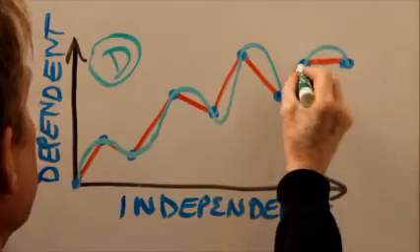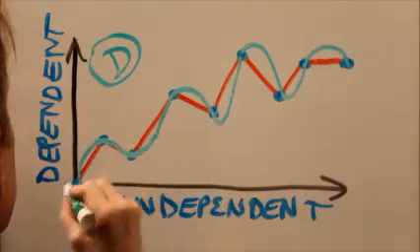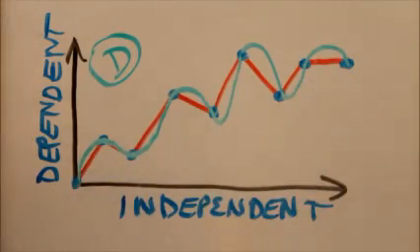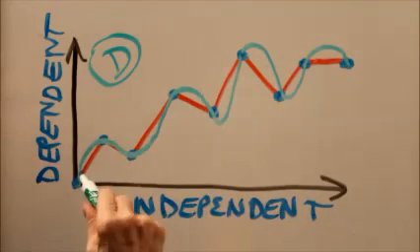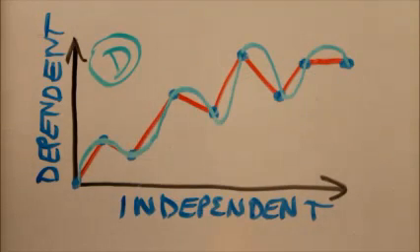But we only have data for these points. So we connect them with straight lines, not really knowing what else to do. That's an approximation. The red graph, the point-to-point graph, is an approximation of the actual function, which is the green curve.